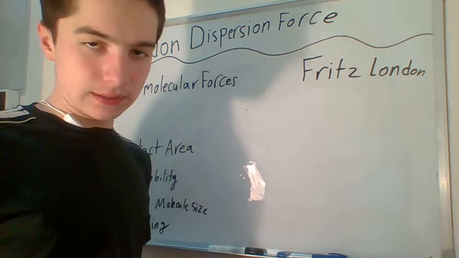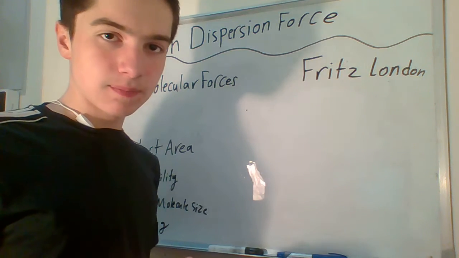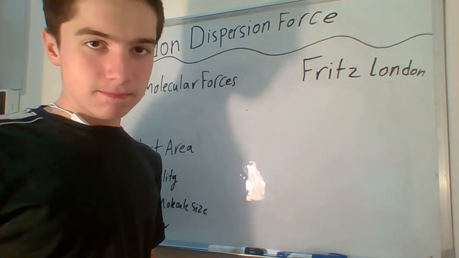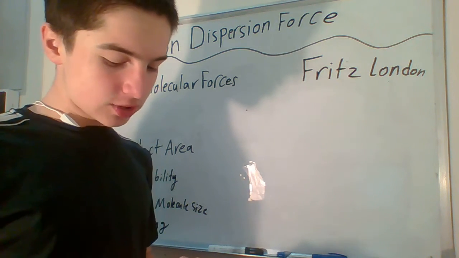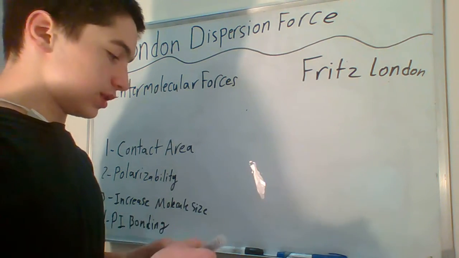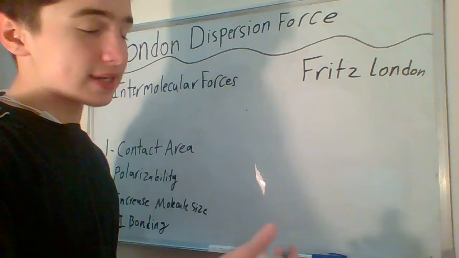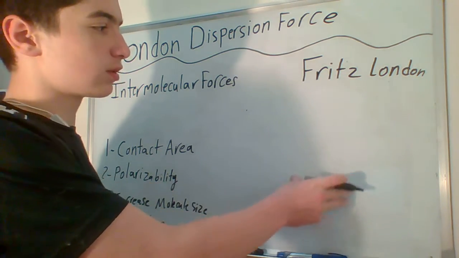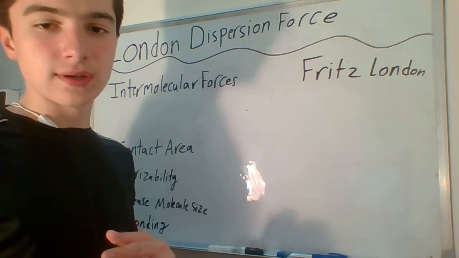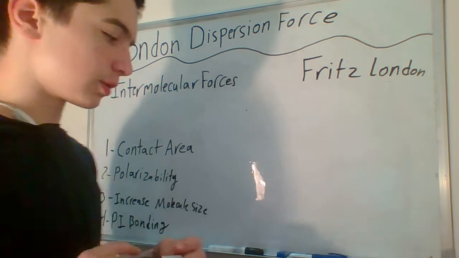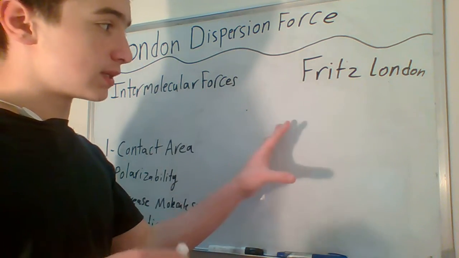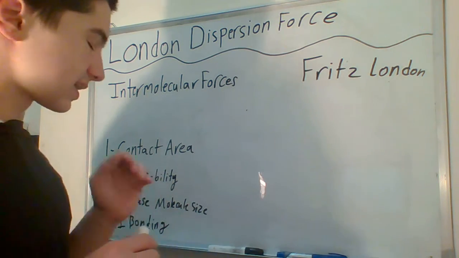Now what does it mean? Polarizability is the ability to form instantaneous dipoles. So that's polarizability, also known as squishiness or squashiness. An example is proteins. I can't draw them because I don't want to make a wrong picture about proteins, but they are a good example of increased London dispersion force due to polarizability.